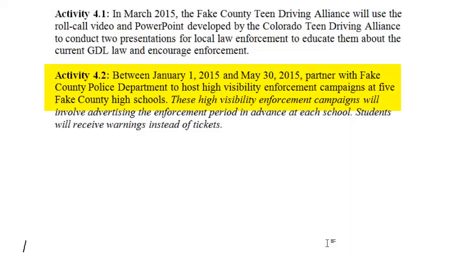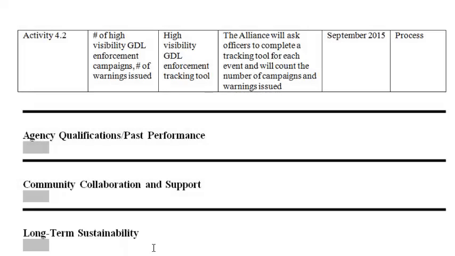Lastly, Activity 4.2, between January 1st, 2015 and May 30th, 2015, partner with Fayette County Police Department to host high visibility enforcement campaigns at 5 Fayette County high schools. So Activity 4.2, our measure is the number of high visibility GDL enforcement campaigns, and we also want to look at the number of warnings issued during those campaigns by law enforcement officers.